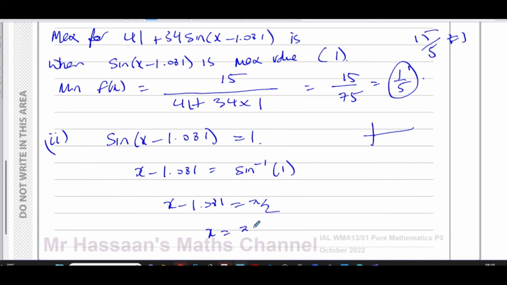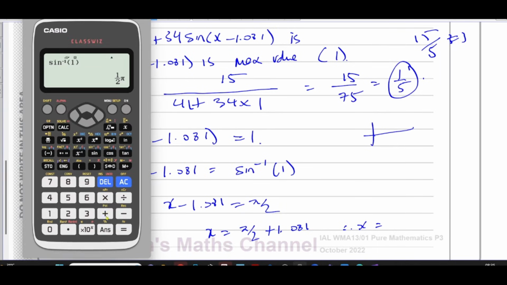So x is equal to pi over 2 plus 1.081. That gives us, whoops, I forgot the point. What's happened here? Our answer, well, let's see, pi over 2, plus 1.081.